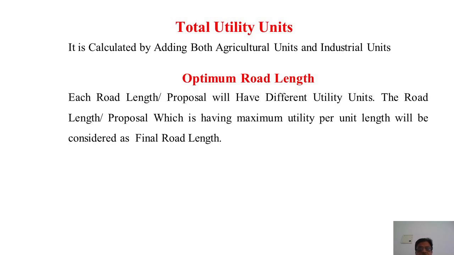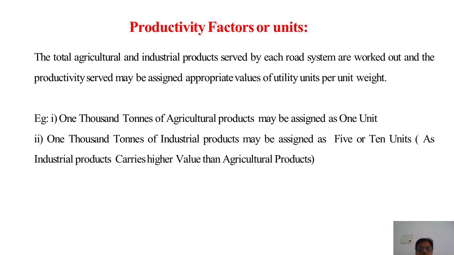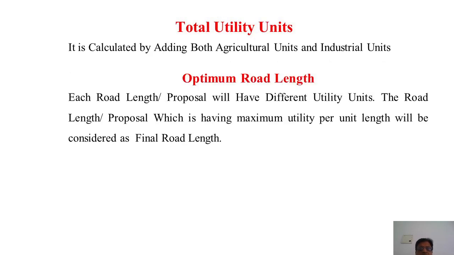So total utility units is calculated by adding both the agricultural units as well as the industrial units. So in the previous slide I have shown you need to calculate both the agricultural unit as well as the industrial unit. So the total unit is the summation of both.